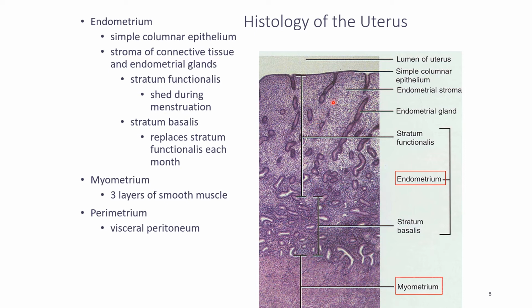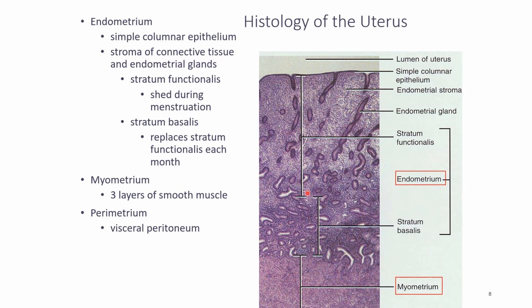The epithelium you see right on top of the uterine surface, facing the lumen, is simple columnar epithelium. What you see here is a mixture of connective tissue and glands.